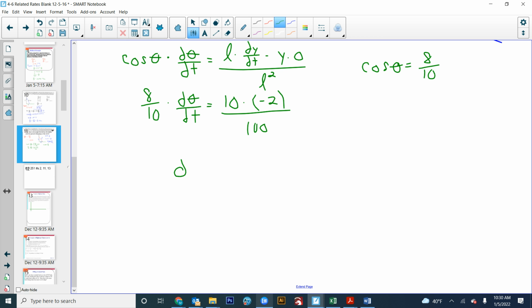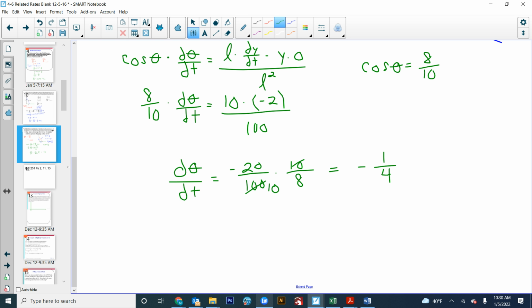So I have d theta/dt is -20 over 100 times 10/8. I'm going to multiply both sides by the reciprocal, 10/8. All right. What do you get? -1/4.